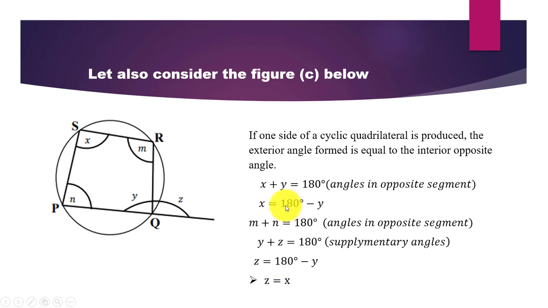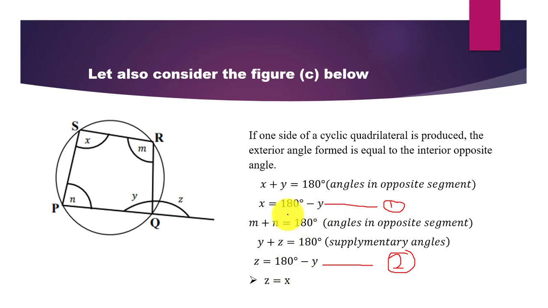Okay? Now let me name this equation 1 and this equation 2. So when we compare equation 1 and equation 2, we see that the right hand sides are equal.